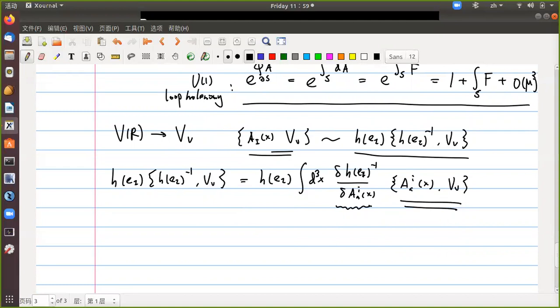Here you only need to be a little bit careful that there is an inverse, so you get an overall minus sign, d^3x. You just apply the formula from our previous computation.